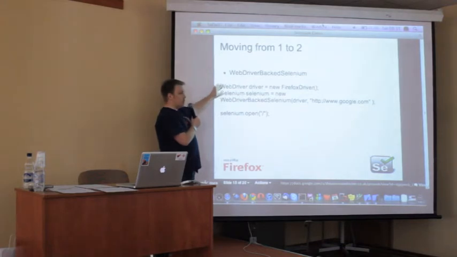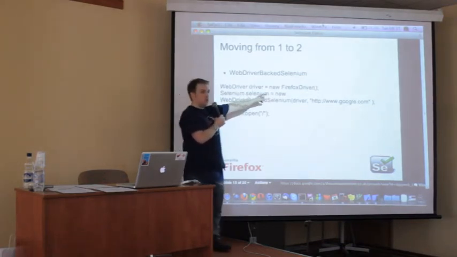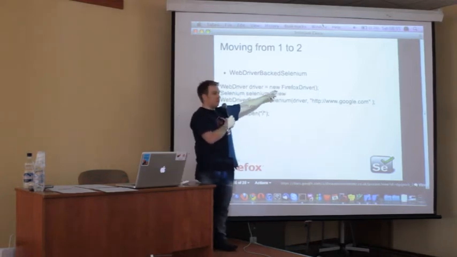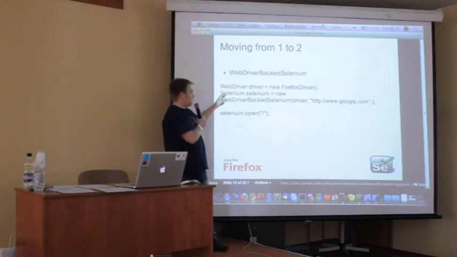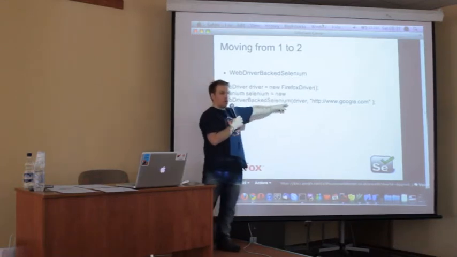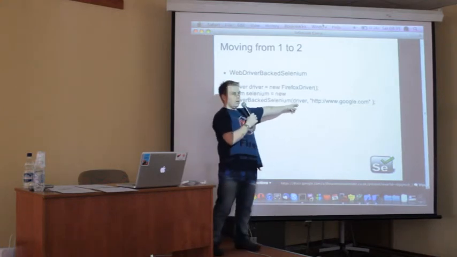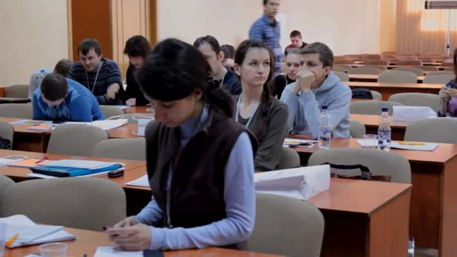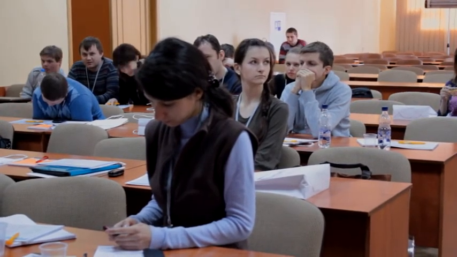Instead of Selenium equals new DefaultSelenium, we create a WebDriver, and then we say to Selenium, please use a WebDriver backed version of Selenium, and I want you to use my driver, and that's where I want to test. So that's your upgrade path.